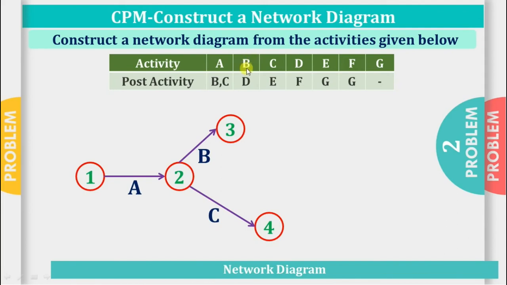Now activity B has post activity D. So D will be here. Then activity C has post activity E. So E will be here.